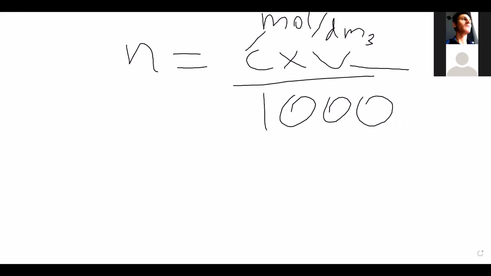Our volume will be in centimeter cube. If the volume is given in decimeter cube, then we'll use the concentration directly. Now let's do some questions based on these formulas.